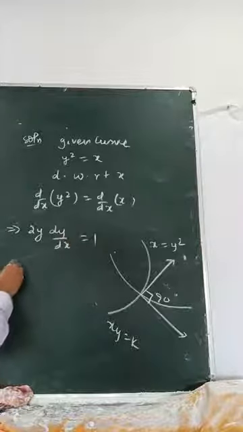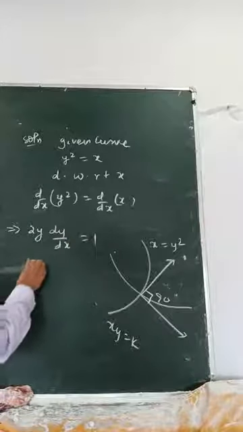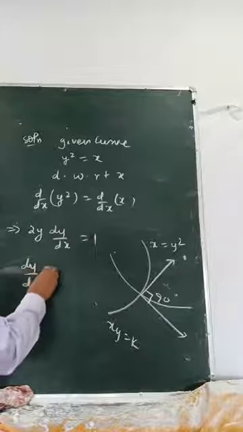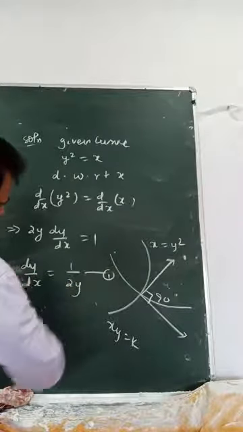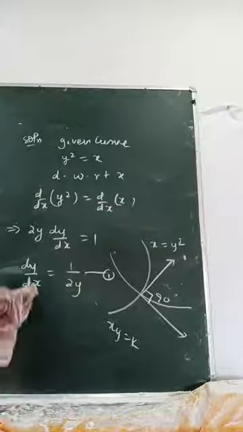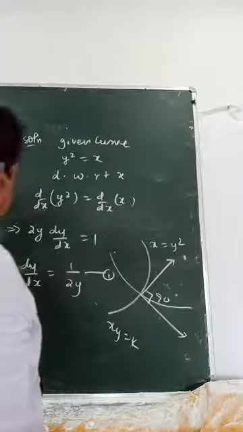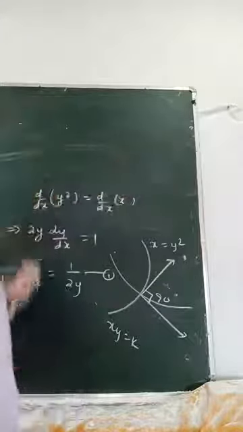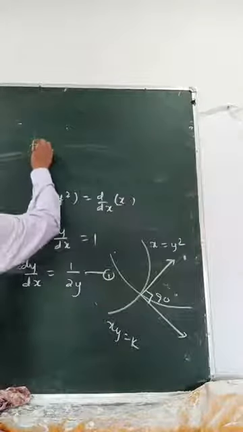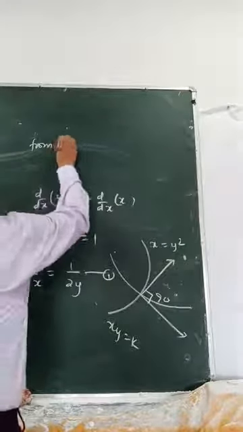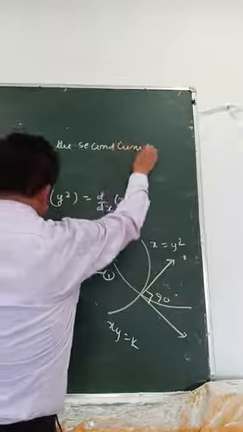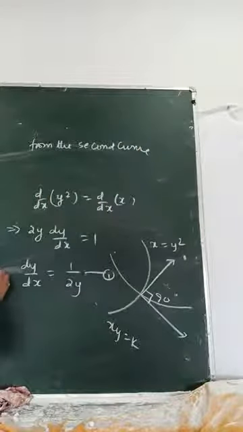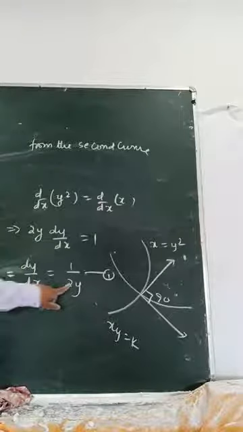So m1, or you can write dy by dx equals to 1 by 2y. First relation. From the second curve, so you write this is your m1.